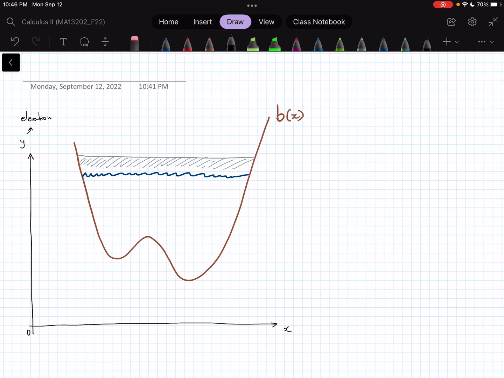In some sense, it is just a distance across the cross section, but the origin 0 doesn't have a special meaning. But still, we need to be able to discuss objects in calculus. So B of x, the bottom profile of a river, is the distance at any point x from the sea level to the bottom of the river.